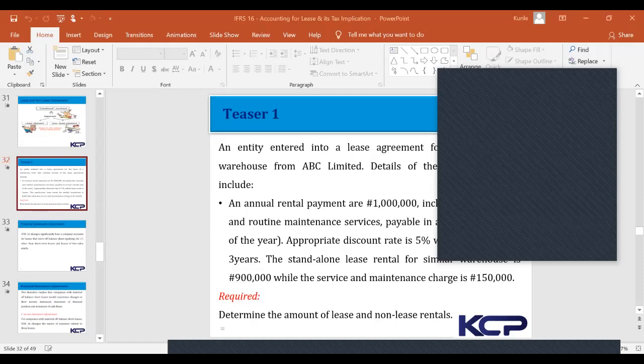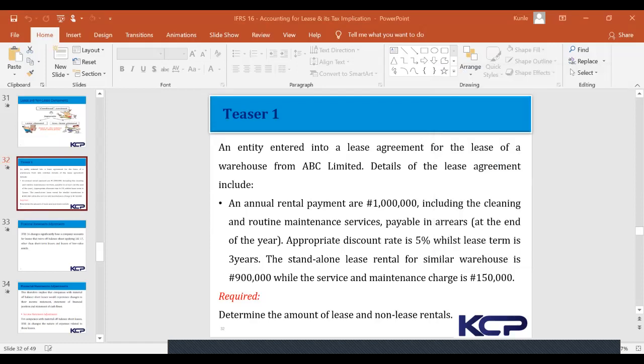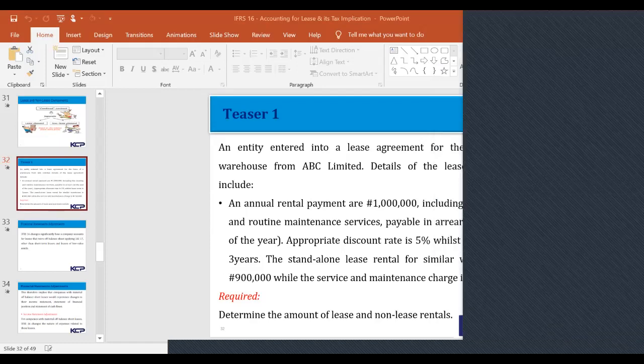All right, so let's quickly go on to addressing the concern at hand. How do we respond to this within the context of IAS 17?